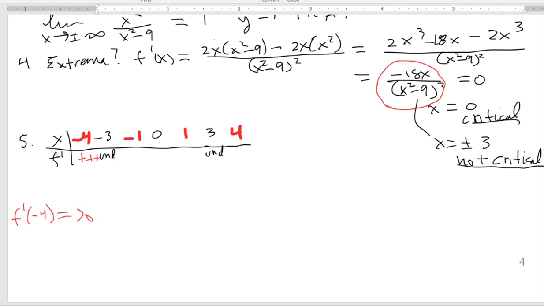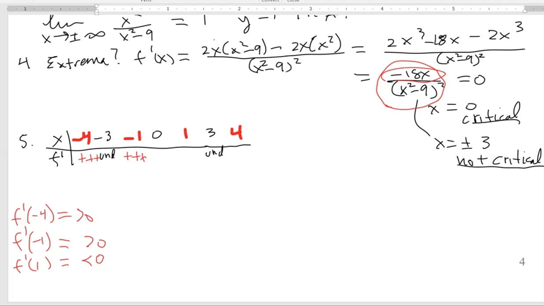-1, f prime of -1. Again, this time you see another positive, since in this function, the numerator becomes positive when x is negative. Okay, how about f prime of 1? Well, it becomes a negative, doesn't it? Okay, so now you got negative.